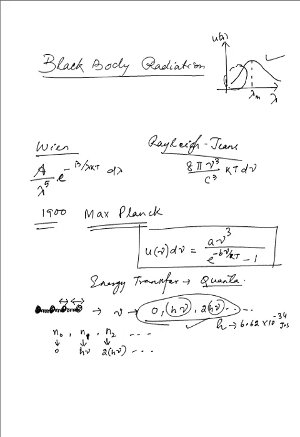Now we wish to calculate the average energy per oscillator. So the total number of oscillators can be given as N, which is equal to n0 plus n1 plus n2, and they can go on with that.